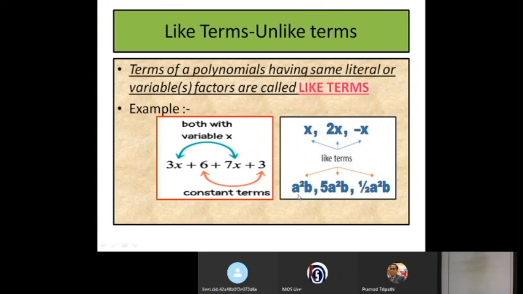In the first term, a has come 2 times and b has come 1 time. In the second, the literal factors are a into a, or 2 times a, and b. So in all 3 cases we see a square b, and in all these cases the literal factors are the same. Hence they are also like terms here.